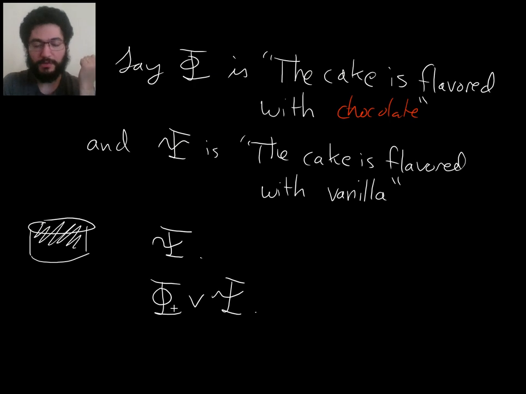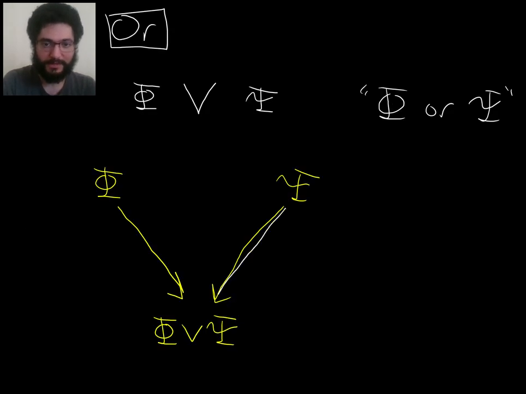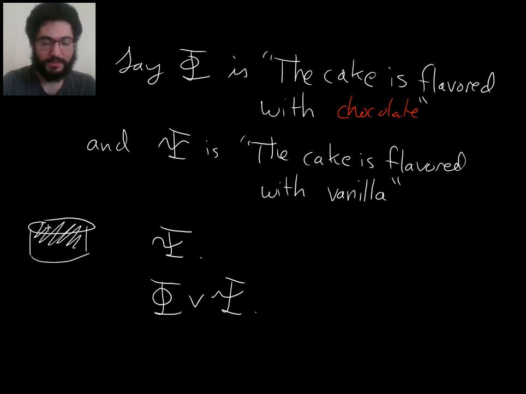Then you can definitely answer yes, it is, in fact, either flavored with vanilla or flavored with chocolate, because it's flavored with vanilla. So that's the deduction that I'm describing here. Now, if it were flavored with chocolate, then it would work the same way. If you had phi, then you could also deduce phi or psi.